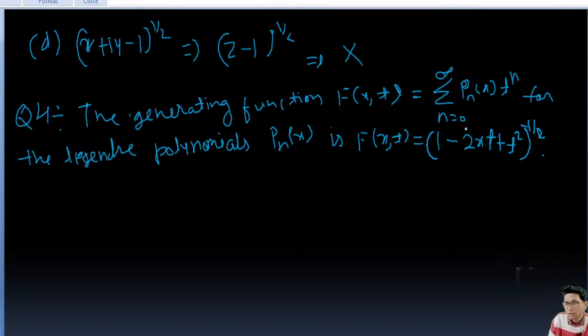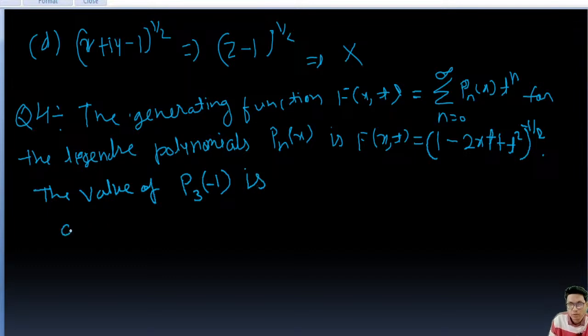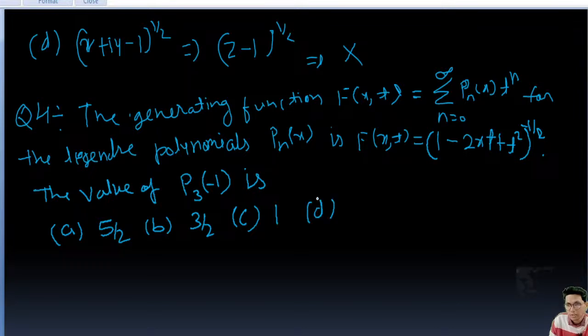The value of P3(minus 1) is, options are A: 5 by 2, option B is 3 by 2, option C is 1, option D is minus 1.